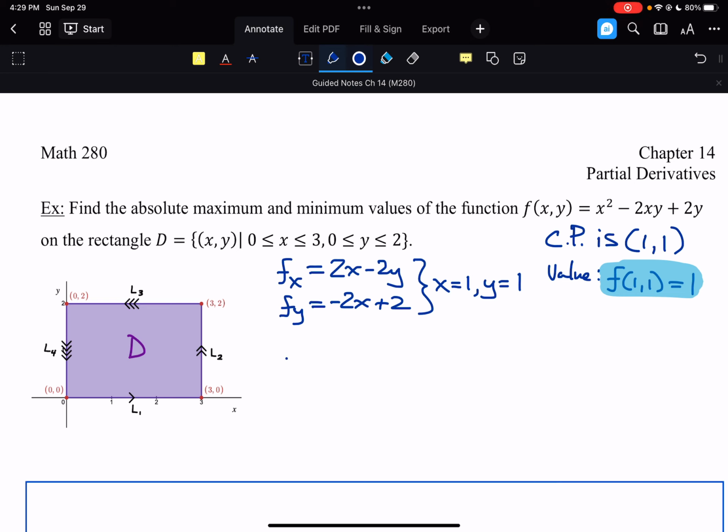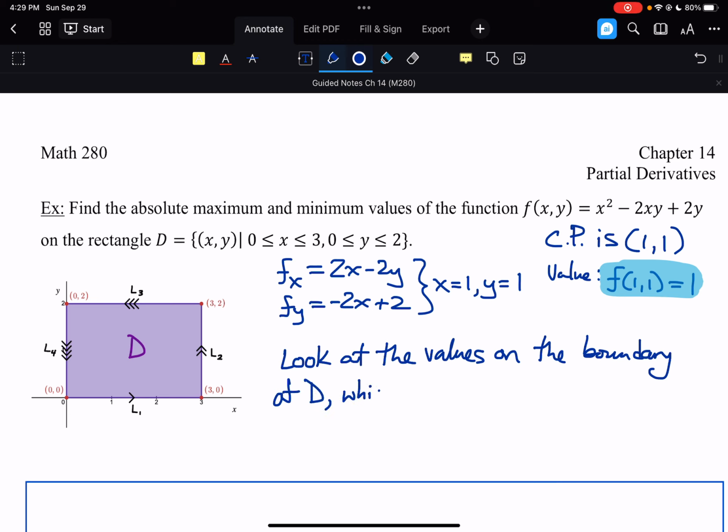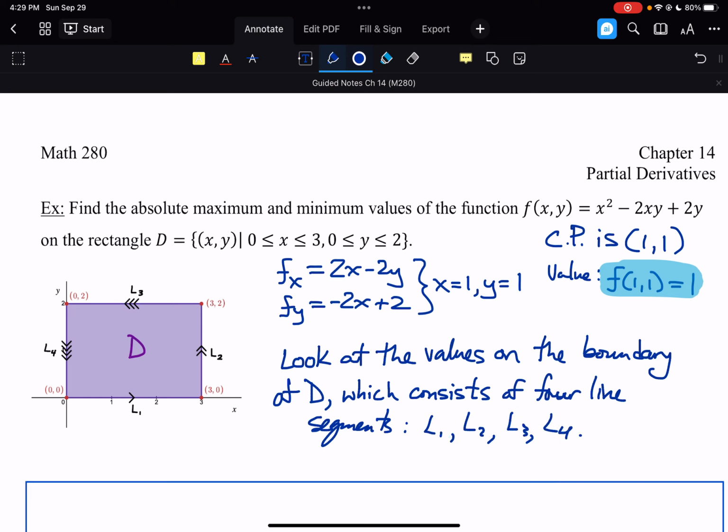So we're going to look at the values on the boundary of D, which consists of 4 line segments, L1, L2, L3, and L4.